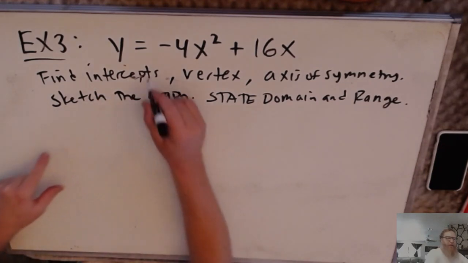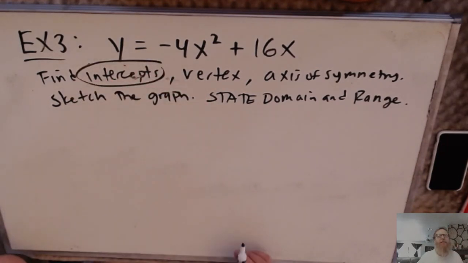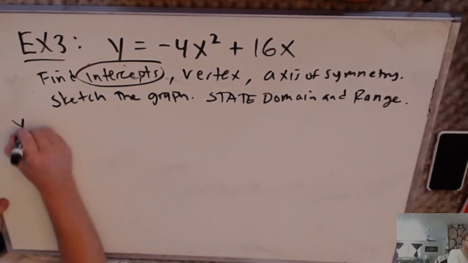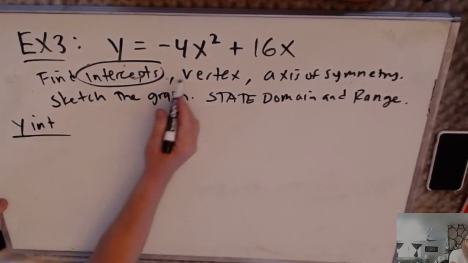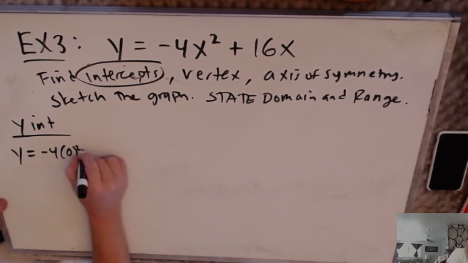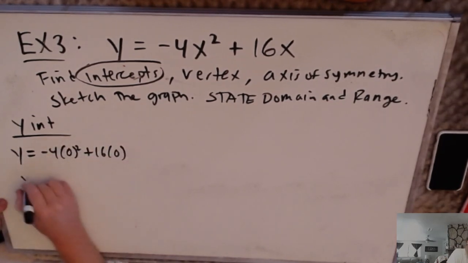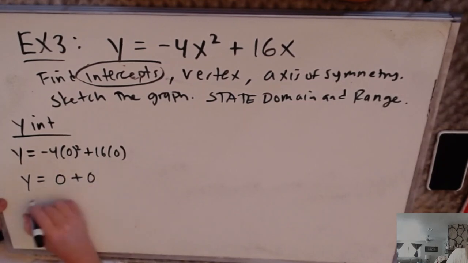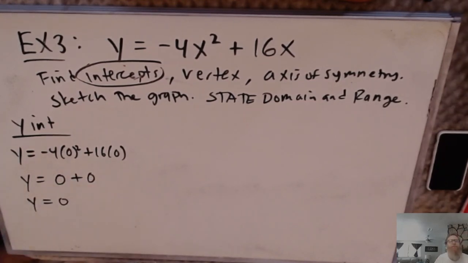Let's start with the intercepts, since that's what we've been working on recently. So let's go ahead and run through the easy ones. We got the y-intercept. You're going to plug in 0 for x. And you get 0. So the y-intercept is 0, 0.